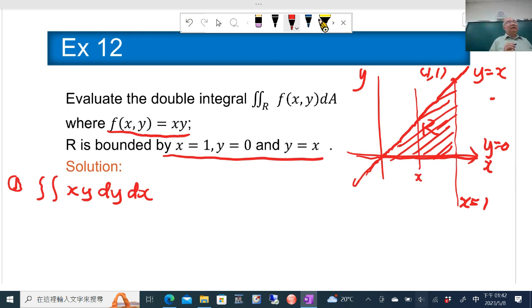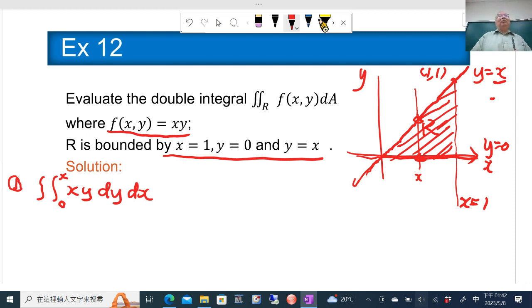So x is given here, and your y should go from the bottom to the top, from 0 to x. And what values of x can you choose?